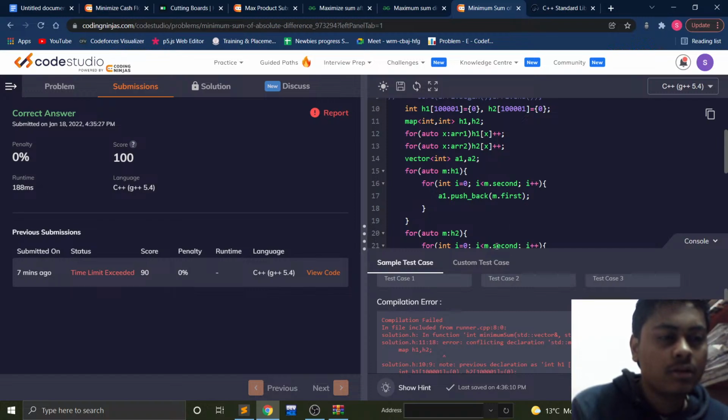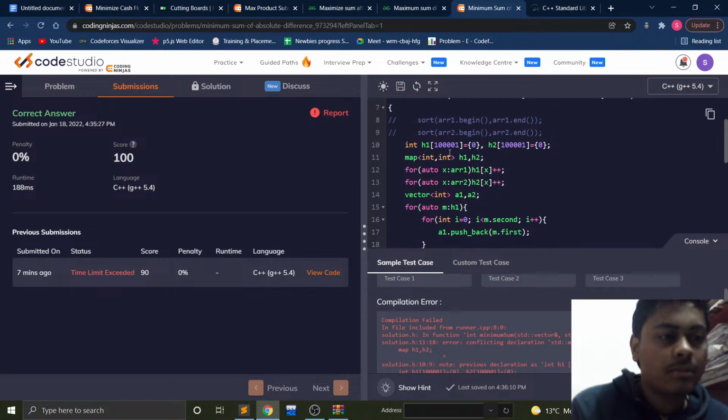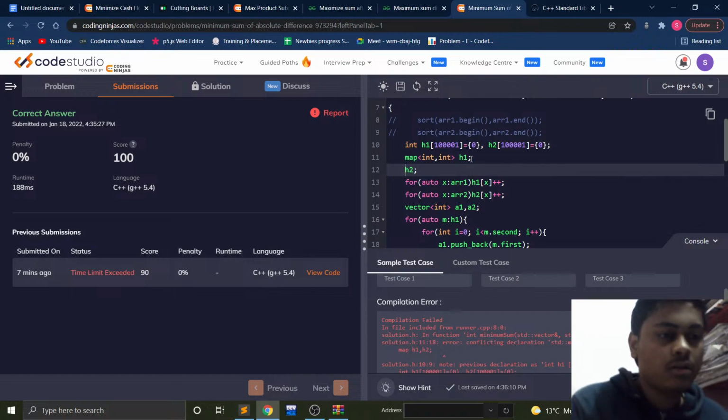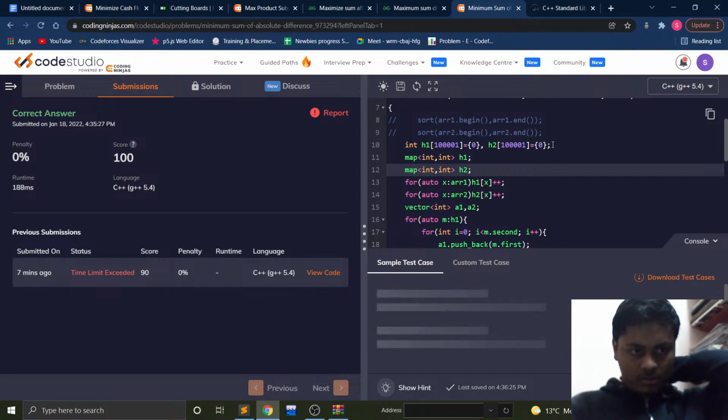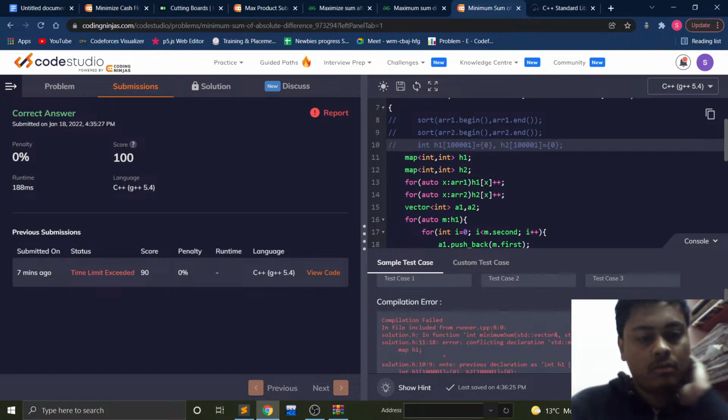Map. Where have I mentioned map? Map is correctly defined. What are you saying? You want it this way? I guess. Okay, you don't want this line. Fine.